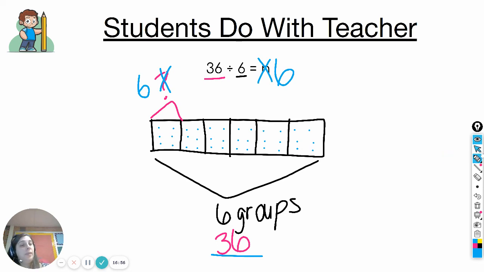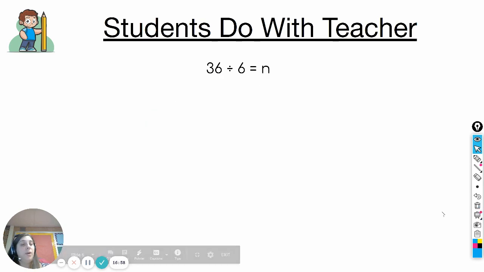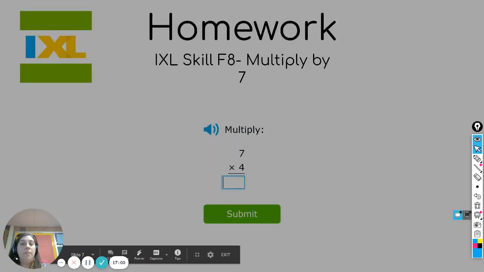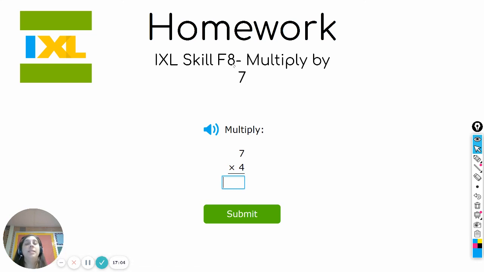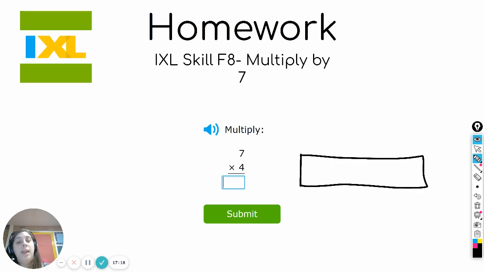Okay, let's go ahead and take a look at what you're going to be working on alone today. Your homework is IXL skill F8, which is multiplying by 7. So you can see here, your example is 7 times 4. So if you're using the strategy that we did today, you draw your piece of tape. It would have 7 groups.